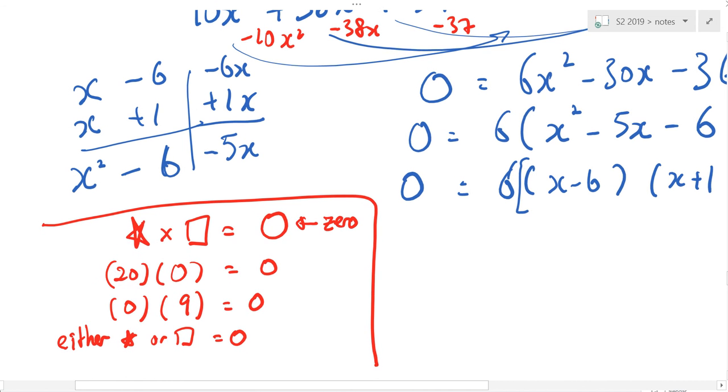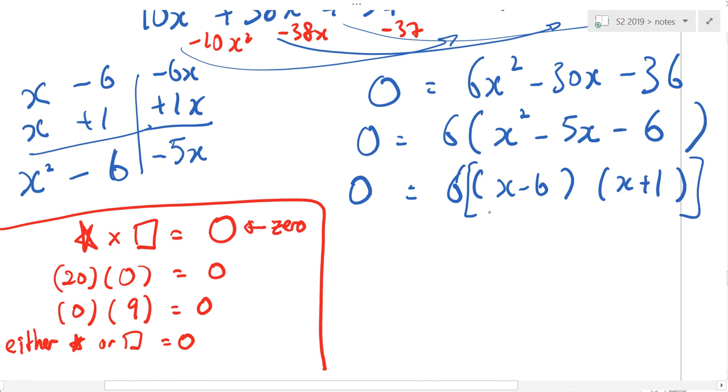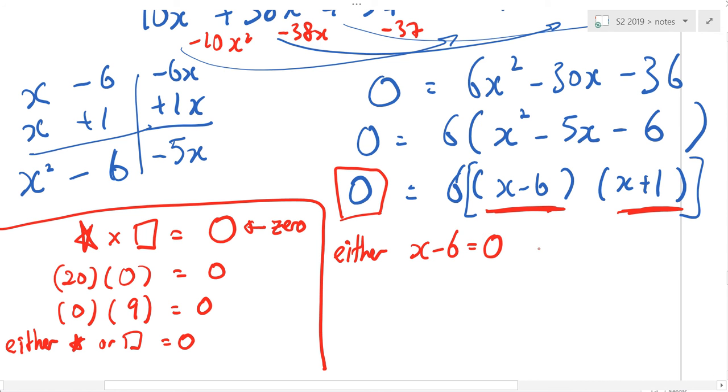Now I ask you, if this bracket times this bracket is equal to 0, what can you tell me about the two brackets? Either x minus 6 is equal to 0 or x plus 1 is equal to 0.